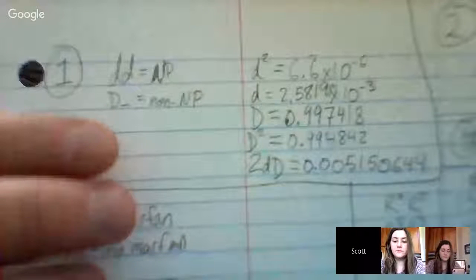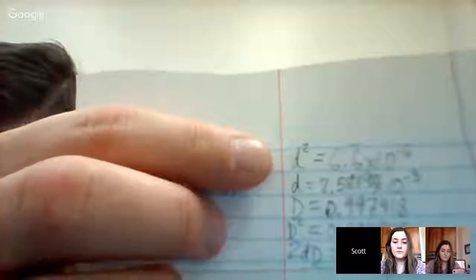So I said, okay, that's got to be our recessive squared disease, or allele. I did the math, and 1 in 150,000 is 6.6 times 10 to the negative 6. Then I took the square root of that number, and I got this number here.